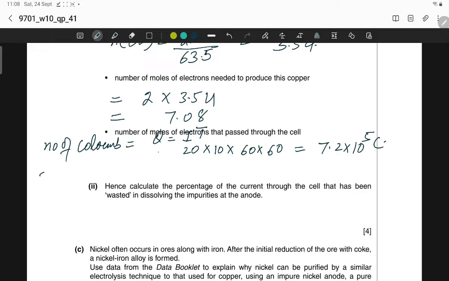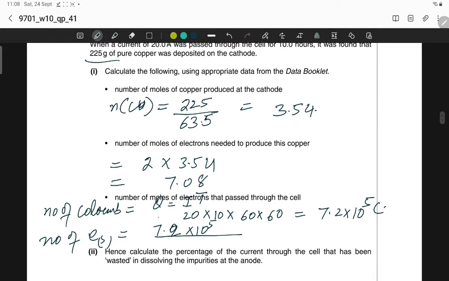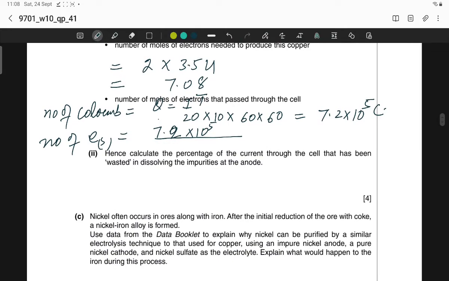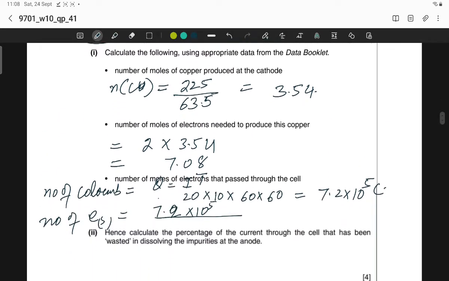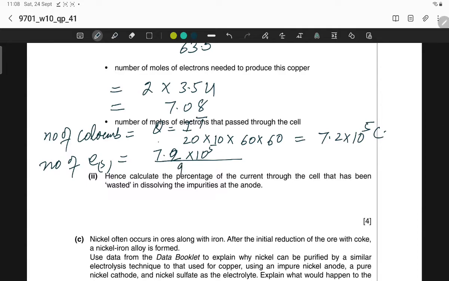Number of moles of electrons is 7.2 times 10 to the power 5 divided by 9.65 times 10 to the power 4, or 96,500, which is equal to 7.461.